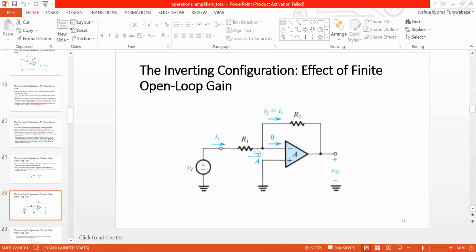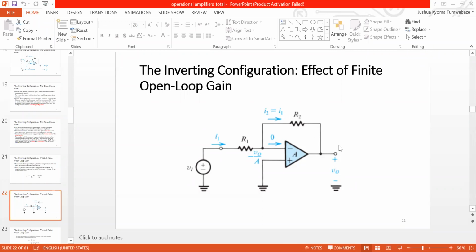All the current flowing through R1 will also flow through R2. So we can easily determine V0 just like we did in the previous case.